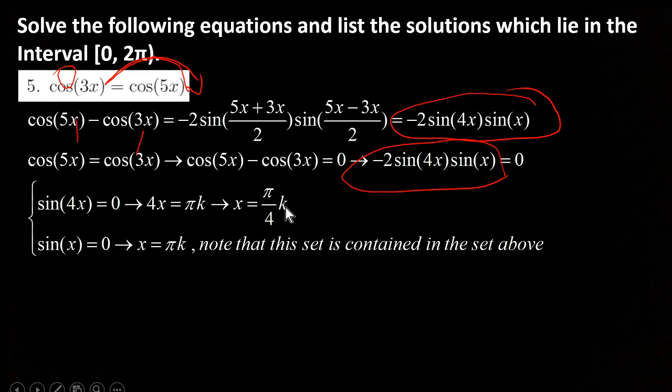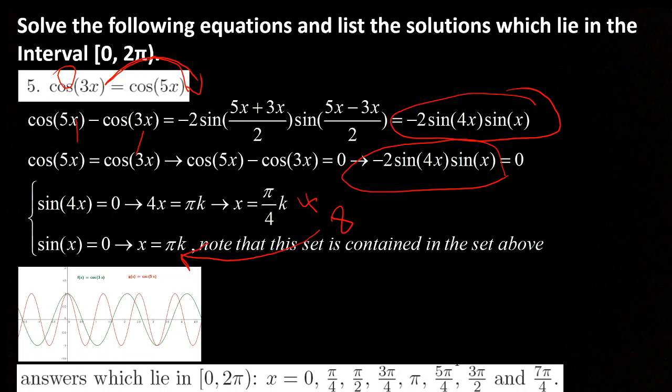But since k can be an integer, when k is a multiple of 4, then you get these two. So this answer is kind of built into that one too. So you can just say the answer is this, and you get these out of it too. But it's not wrong if you write both. You see, when k is 4 or when k is 8, basically you get these answers too.